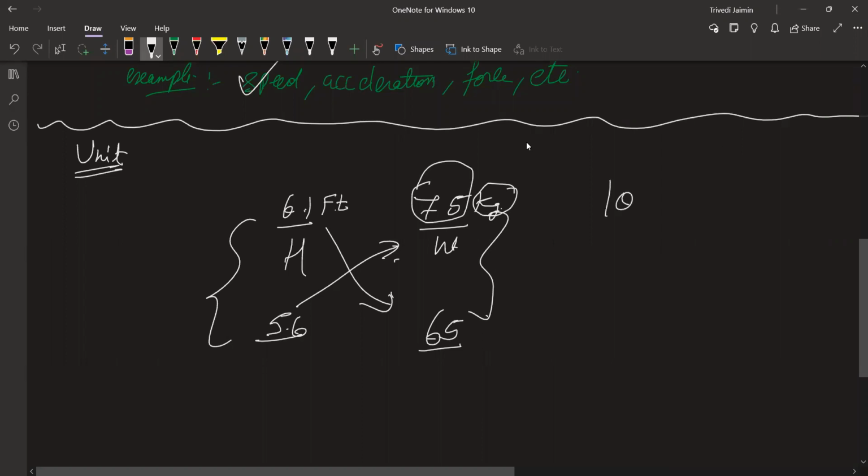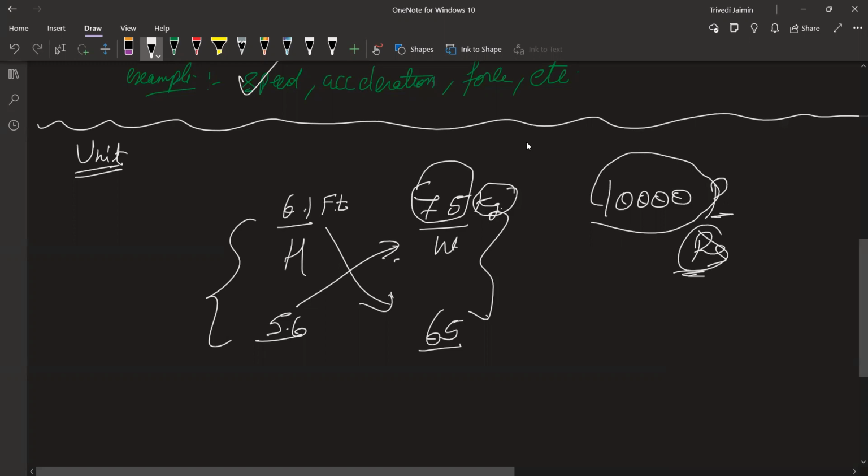I'll say 10,000 paise and 10,000 rupees. This makes a meaning to this 10,000. So rupees and paise are the units for currency. If I say I'll give you 10,000 rupees, it means something.